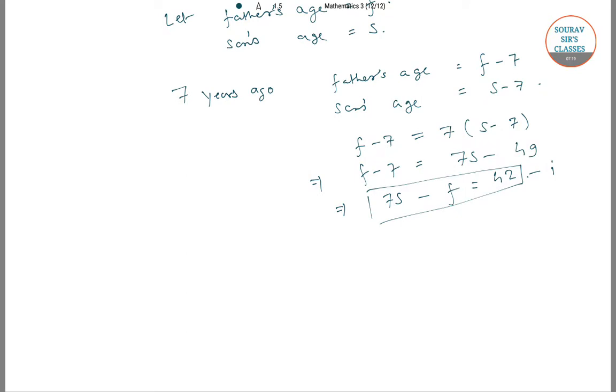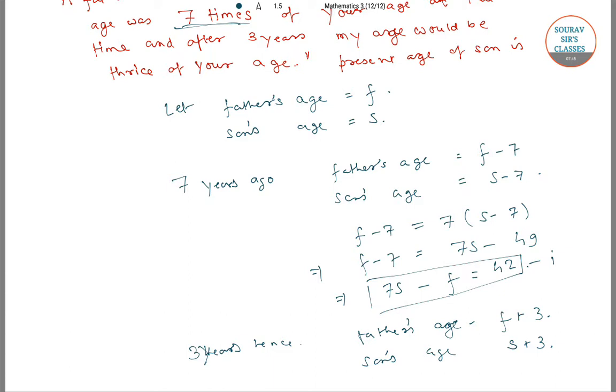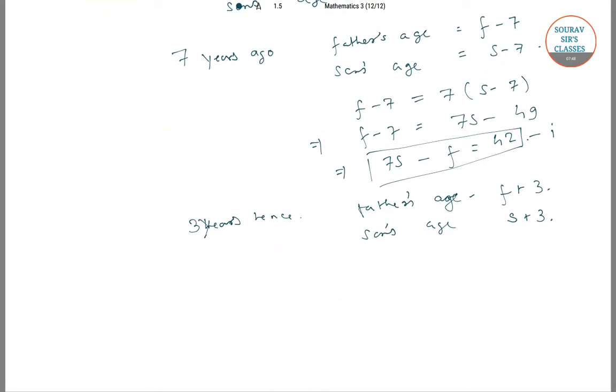Now 3 years hence father's age would be F plus 3 and son's age would be S plus 3. Now it is said that 3 years hence father's age would be thrice that of his son. So we get F plus 3 is equal to 3 times S plus 3.